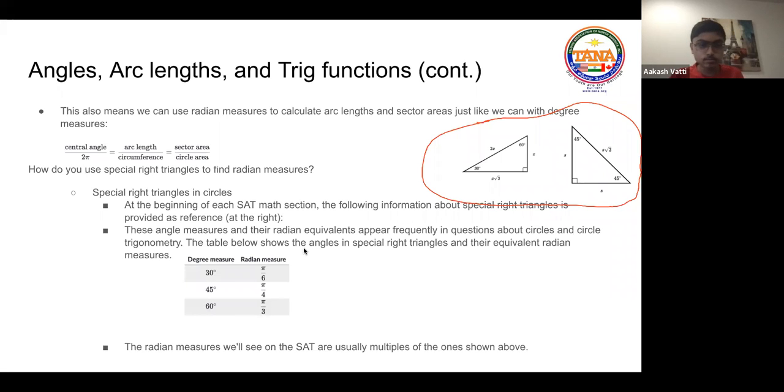I have a chart here with the angle measures and their radian equivalents, which appear frequently in questions about circles and circle trigonometry. The table shows the angles in special right triangles and their equivalent radian measures. 30 degrees is pi over 6 in radians, 45 degrees is pi over 4, and 60 degrees is pi over 3. The radian measures we'll see on the SAT are usually multiples of the ones shown above.